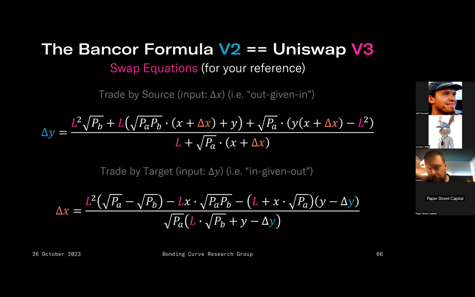The Uniswap V3 ones are enormous. Now, the reality is that it doesn't matter because both the smart contracts in Bancor V2 and the smart contracts in Uniswap V3 just use the virtual token balances, because it's much easier to just apply that amplification and then pretend that you're on a normal constant product bonding curve and just use the same swap equations that you had there.